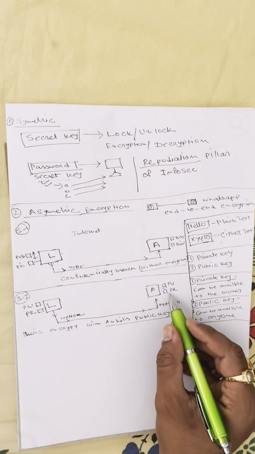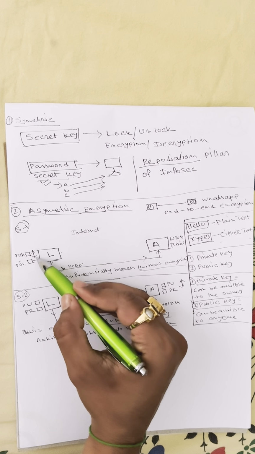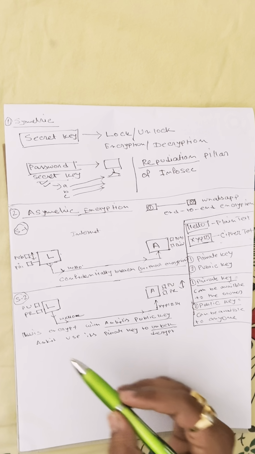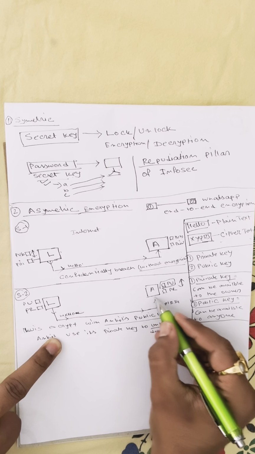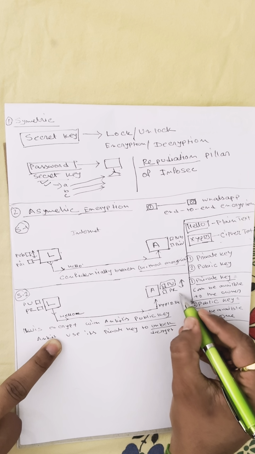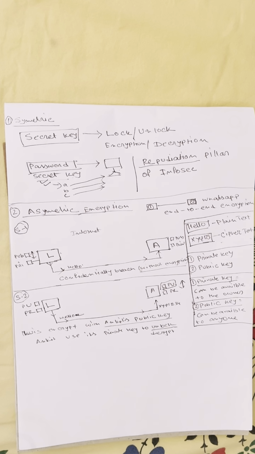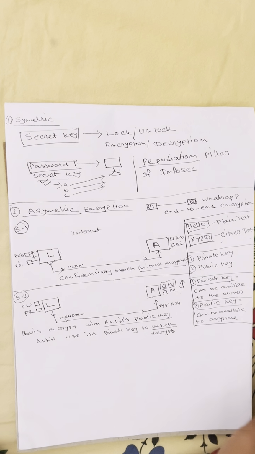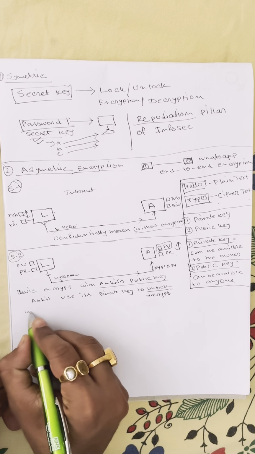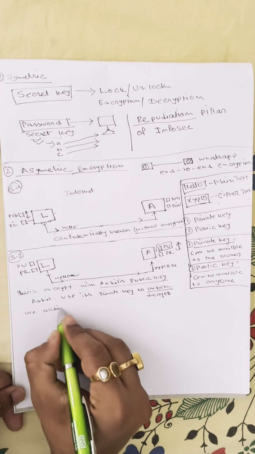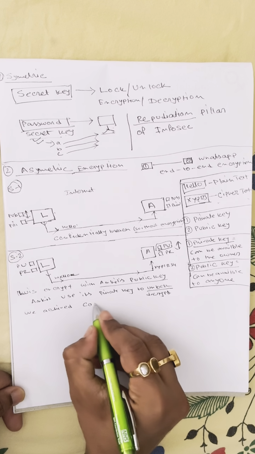I showed you here, these two keys are interconnected. Louis encrypts this message with Ankit's public key. When the message reaches Ankit, Ankit simply uses the private key to decrypt the message and read it. What do we achieve now? We achieve confidentiality.